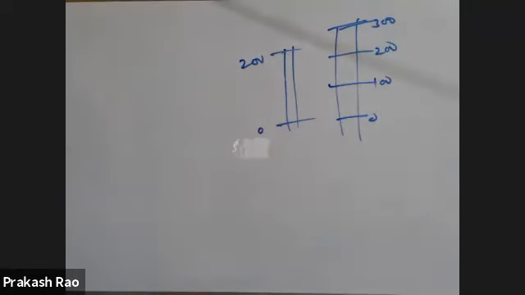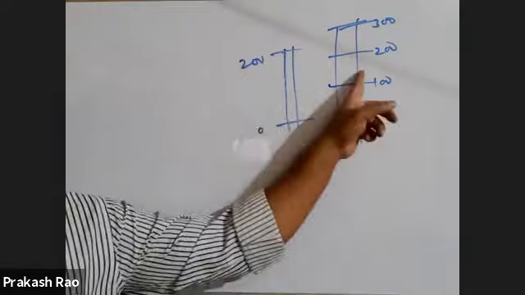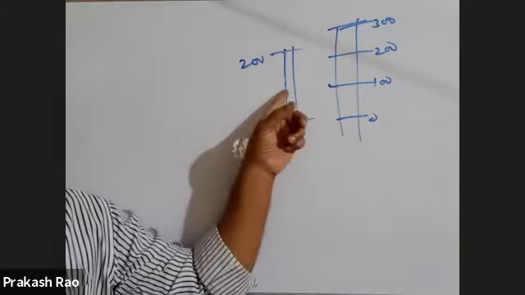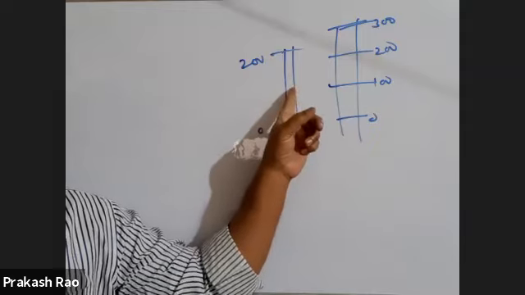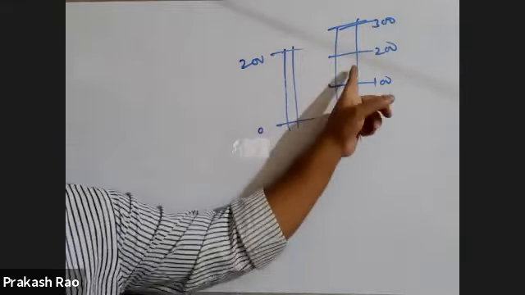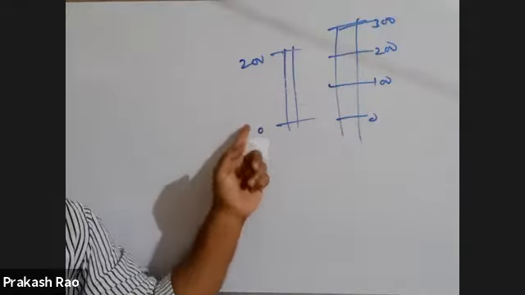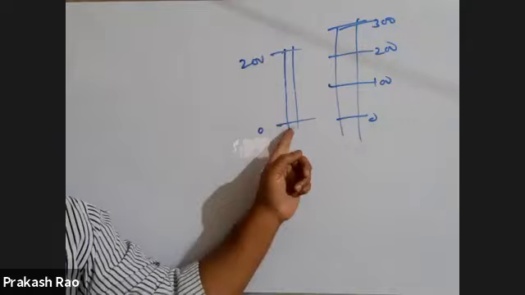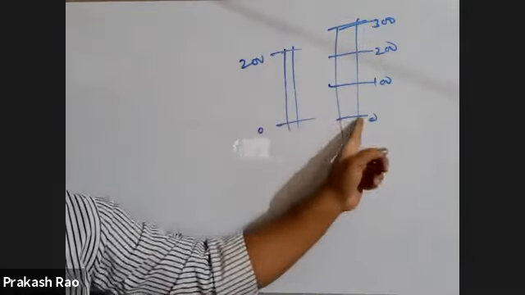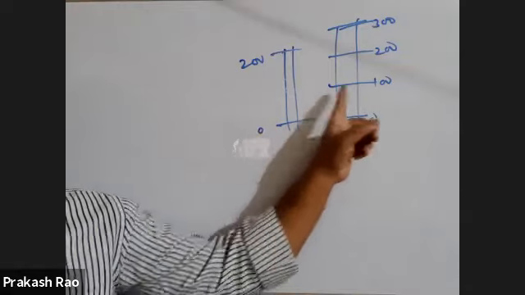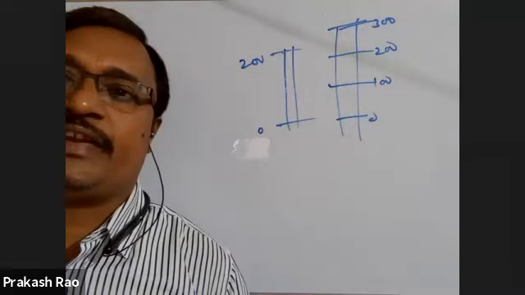Therefore, the number of divisions doesn't match. Suppose you keep this at 60 degrees centigrade, the 60 may indicate 60 here only. But here it will not indicate 60, it will indicate something other than 60. Because 1 division here is equal to 1.5 divisions here.